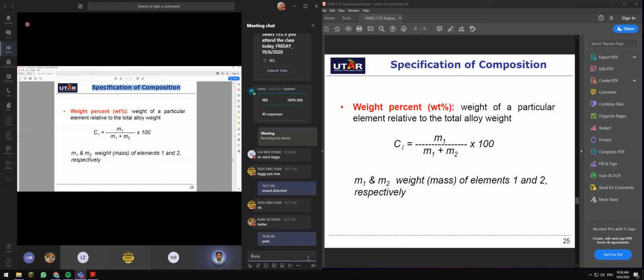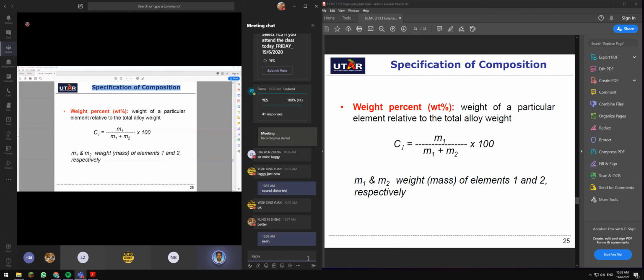Let me see, I stopped at composites. So for composites, you have two different types of material, minimum two. It can be three, four, or five: tri materials, quad materials, and so on. In order to have a composite, the engineer should know the exact amount of filler material that needs to be added into the matrix material.